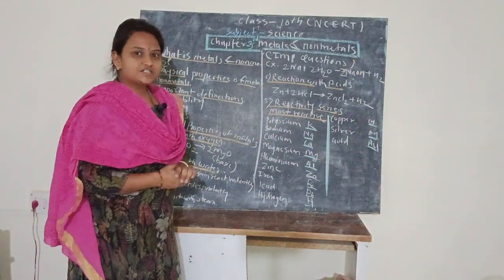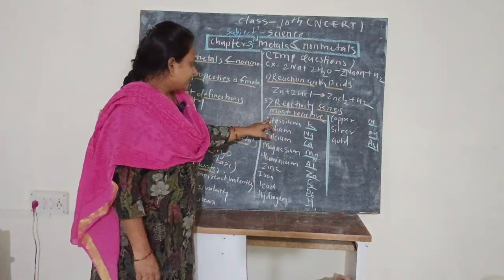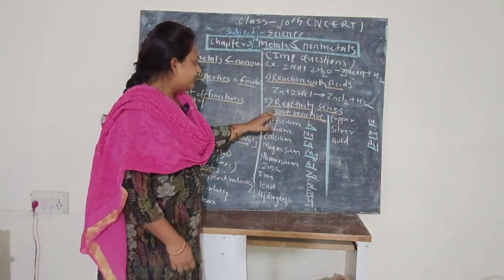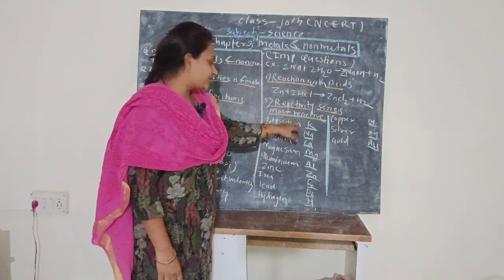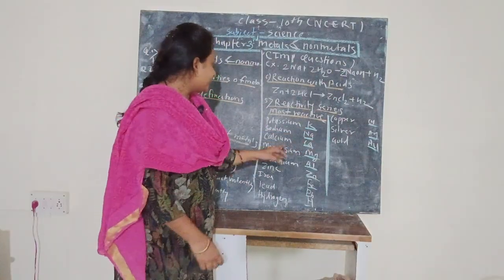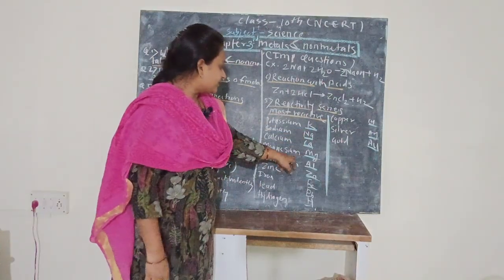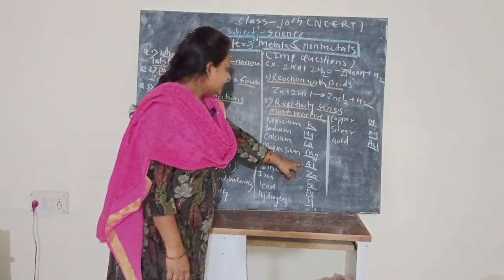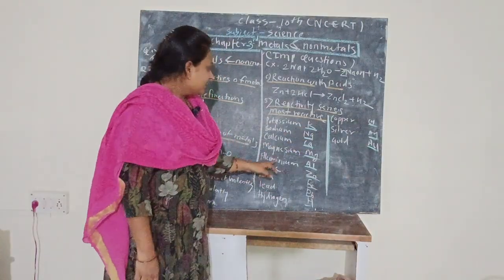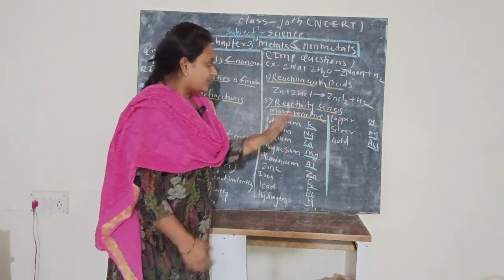Now the reactivity series. Students, when you prepare for the board exam, you have to learn this series. It is in descending order of reactivity. Potassium is the most reactive, sodium is second most reactive, calcium is less reactive than potassium and sodium, magnesium is the fourth element, aluminium is less reactive than magnesium, calcium, sodium and potassium, and zinc is less reactive than aluminium, magnesium, calcium, sodium and potassium.